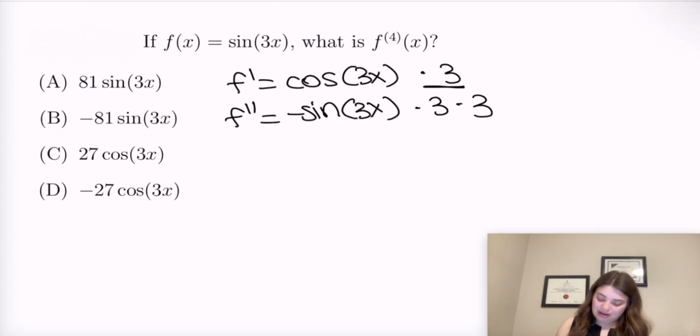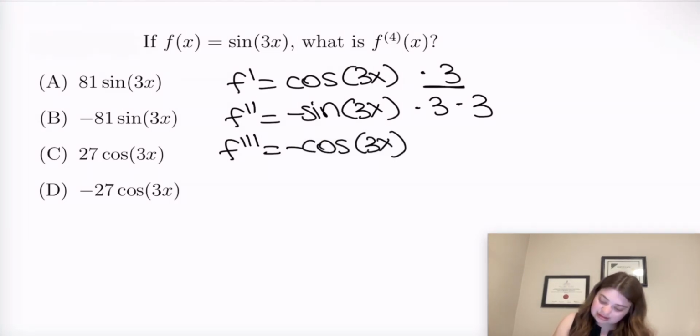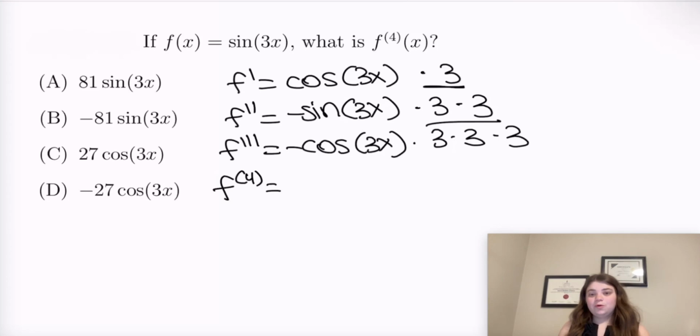And then I'm going to do the third derivative. So that is going to be, well, what's next in the cycle? Negative cosine. So negative cosine 3x times 3 that are already there, and then times another 3 because we take the derivative of this again. And then what about, at long last, the one we're actually looking for? Well, what comes next in the cycle? Actually, sine is back.